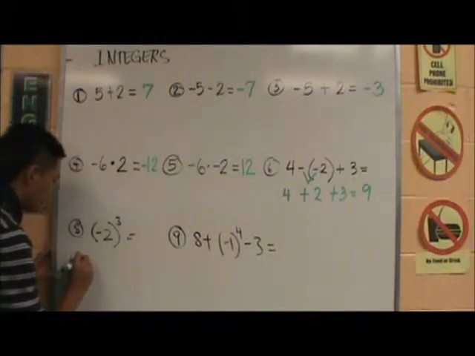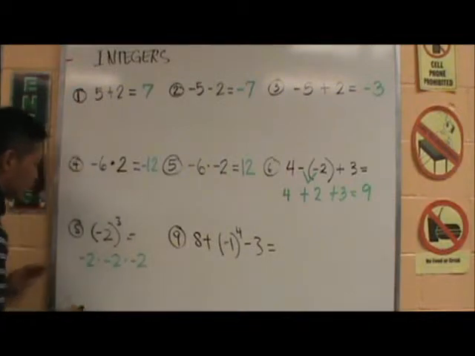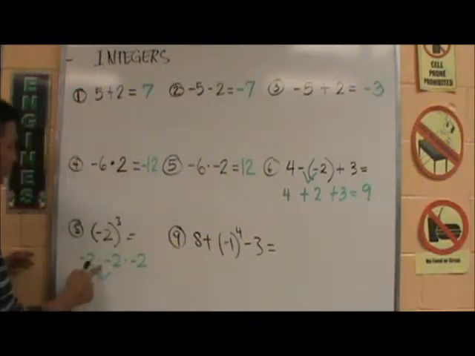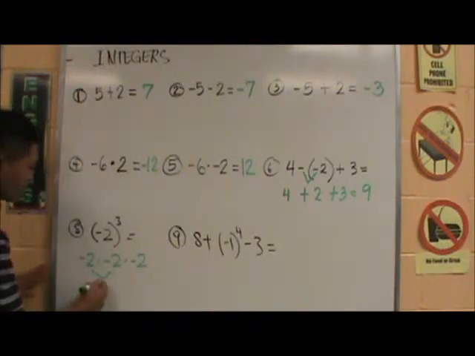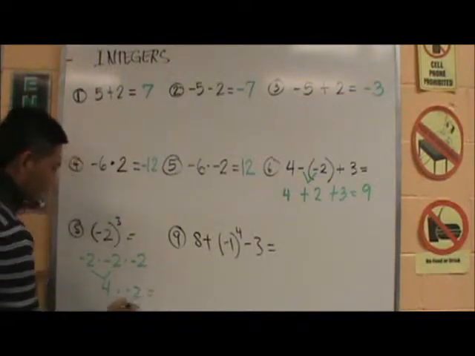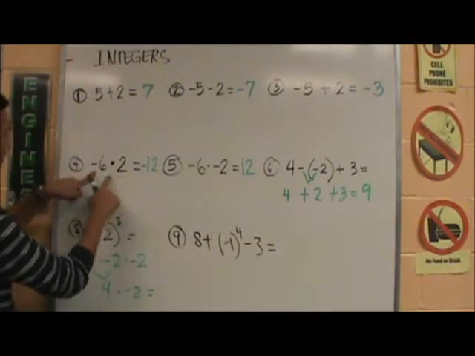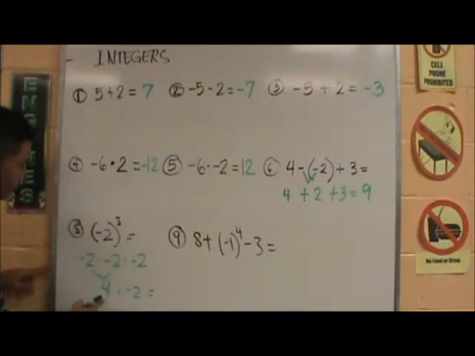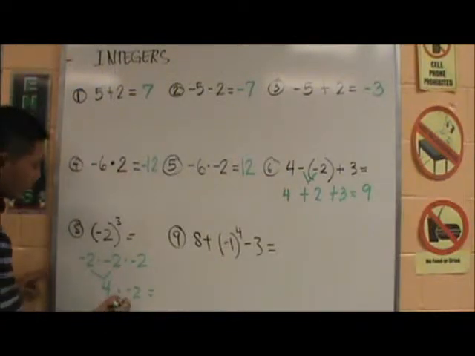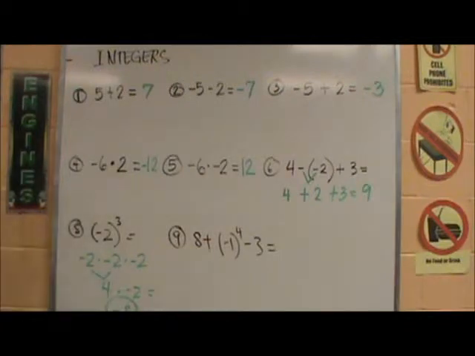Negative 2 times negative 2 times negative 2. Negative 2 times negative 2, again, negative times negative is positive. So now I have 4. But I still have that negative. Positive times negative is going to give you negative. So 4 times negative 2 is giving you negative 8 as the answer.